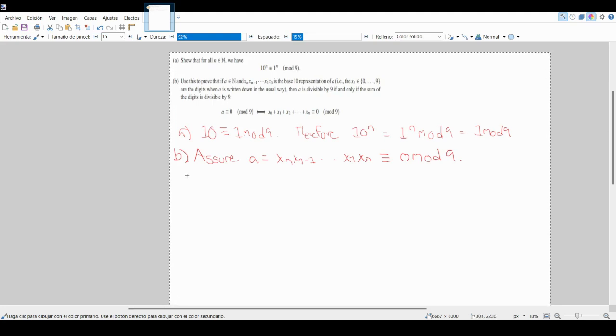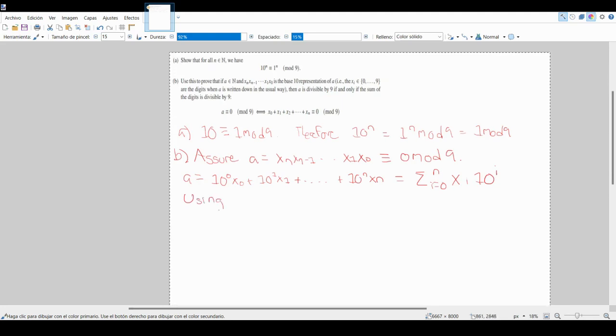We can note that A can be written as 10 to the 0 times x0 plus 10 to the 1 times x1, all the way up to 10 to the nth power times xn. And in summation notation, we can write this as the sum from i equals 0 to n of xi 10 to the i.